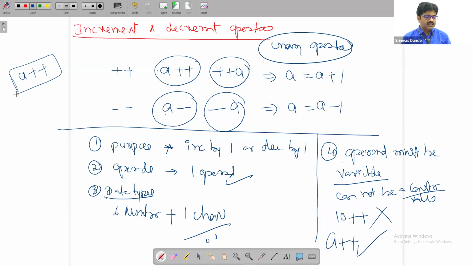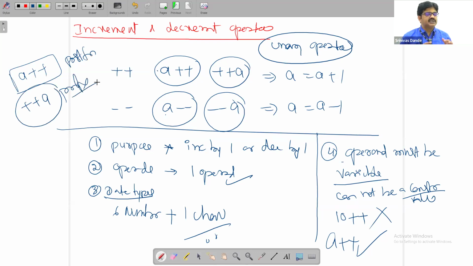A plus plus means the operator is post to the operand. This is the postfix form. Plus plus a is the prefix form.